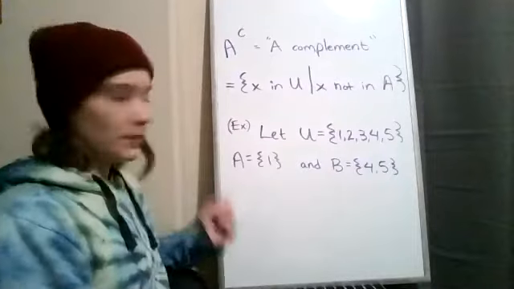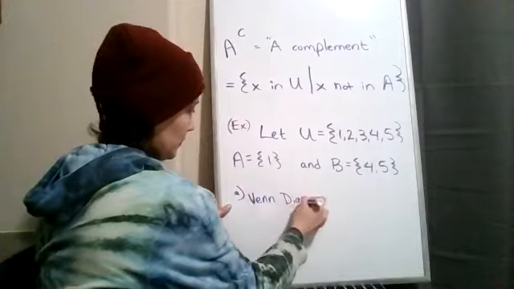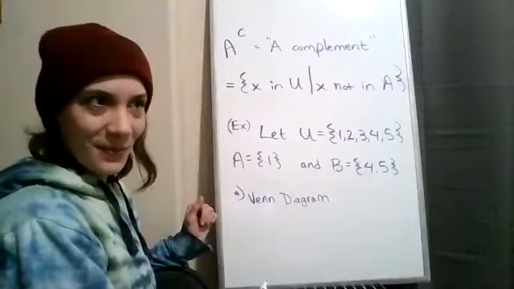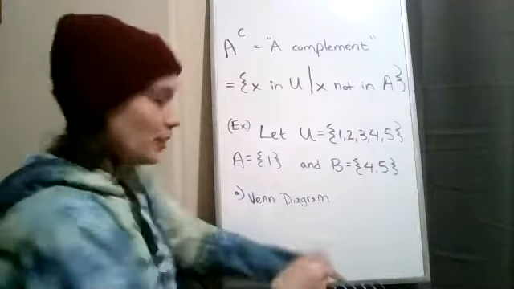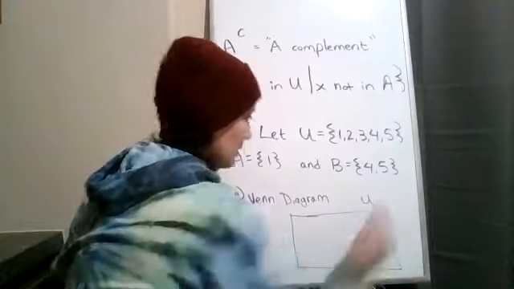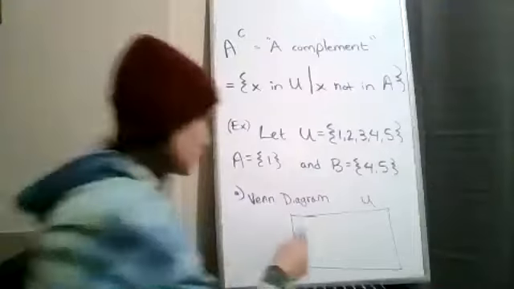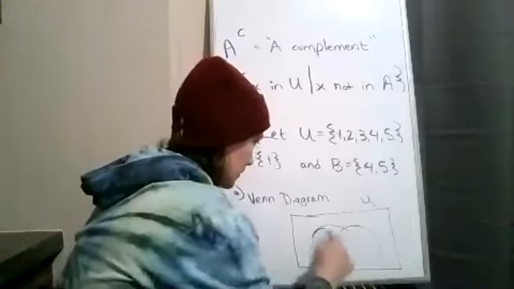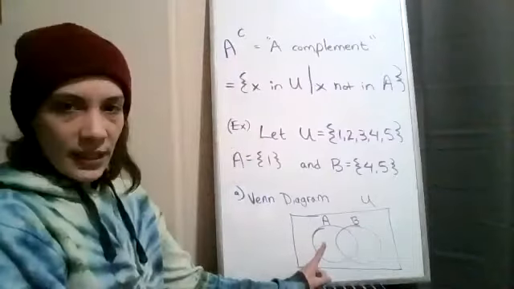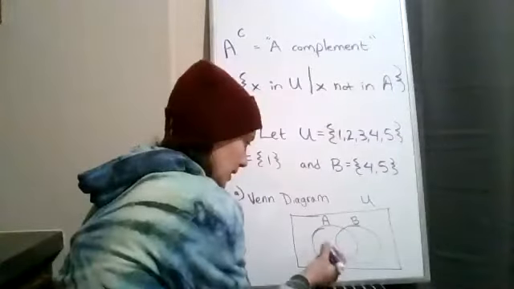First thing is a Venn diagram. Okay, so universe, A and B, I'm going to have them overlap just in case. One is in A but not in B, so don't let that be in the set B, just in set A.